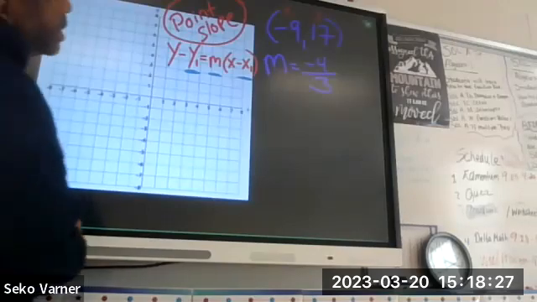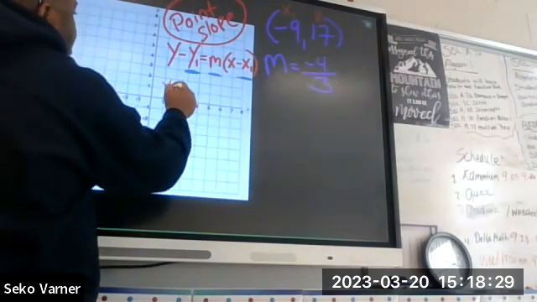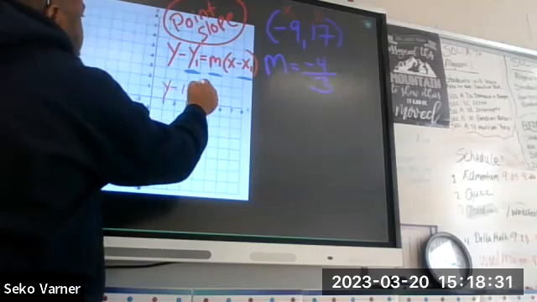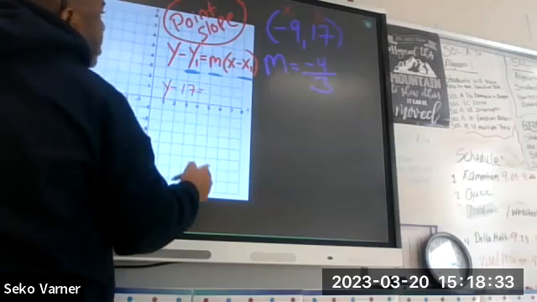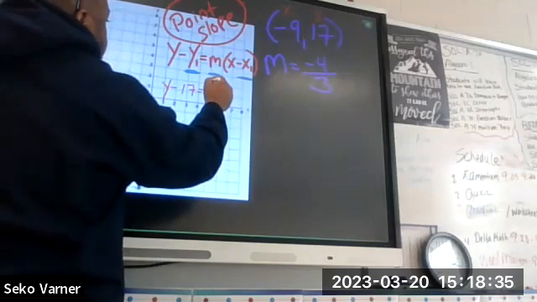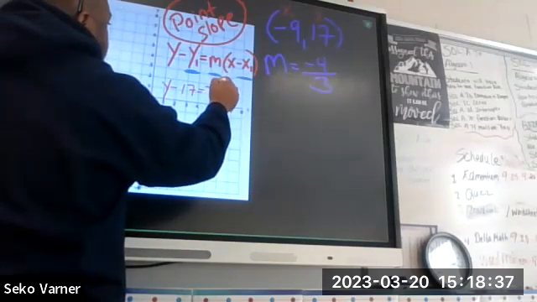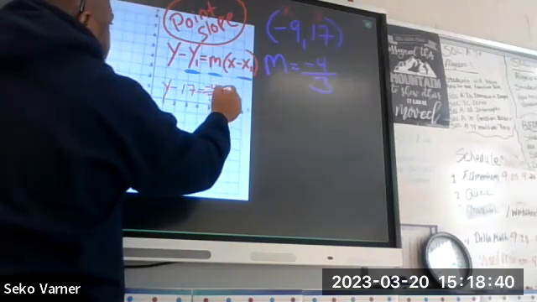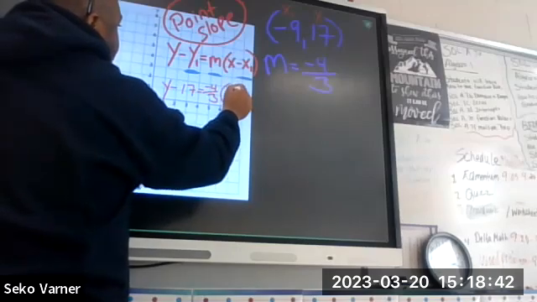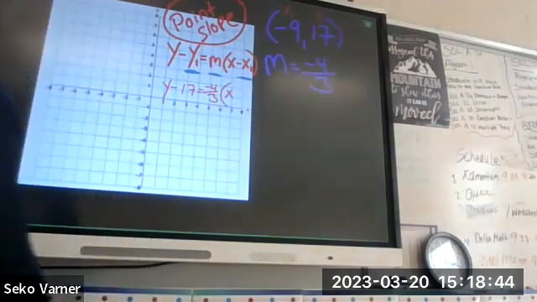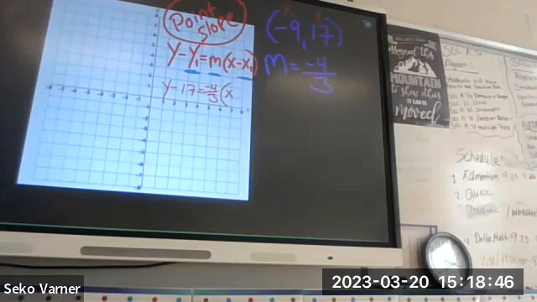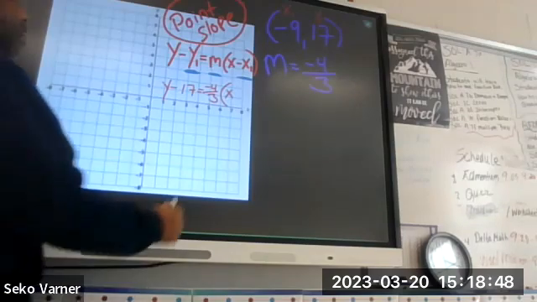Y1 is 17. So we have y take away 17 equals, what's our slope? -4/3. And take away x. Now, what is x1? -9.